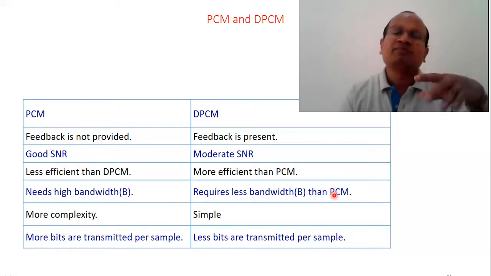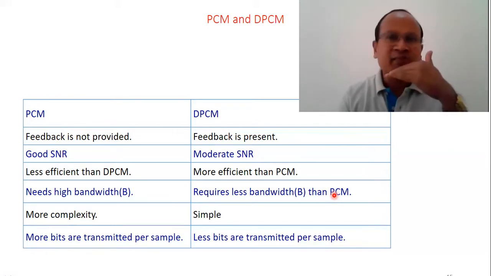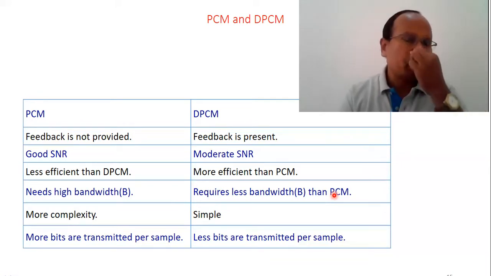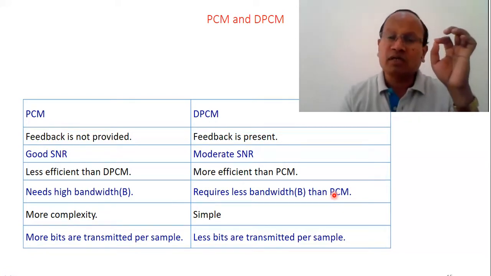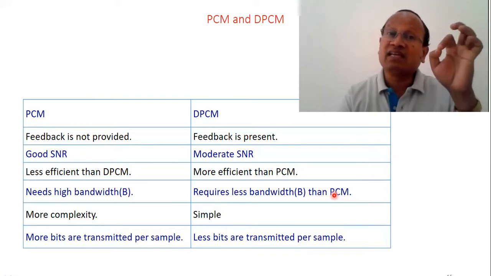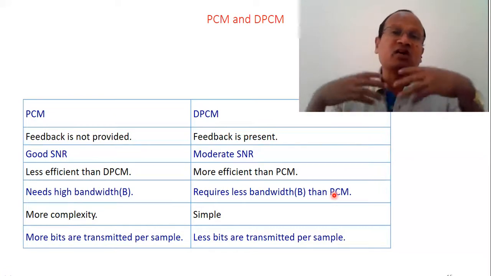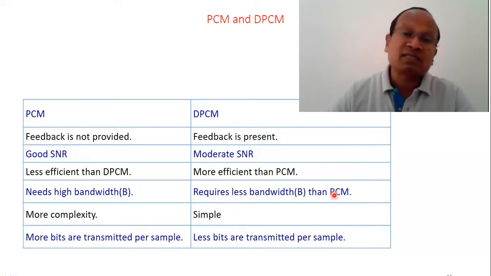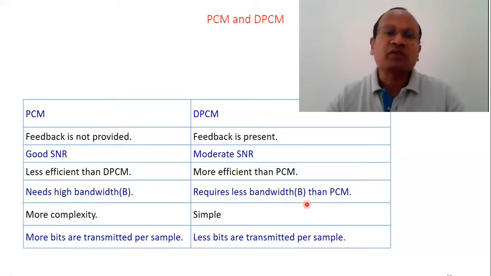So overall, instead of quantizing and encoding all the samples individually, when we encode the difference between two consecutive or adjacent samples, the number of bits required to encode is significantly reduced. This is why the total number of bits required per sample, or for all the samples, will be less, and therefore we say that lesser bandwidth is required in DPCM as compared to PCM.